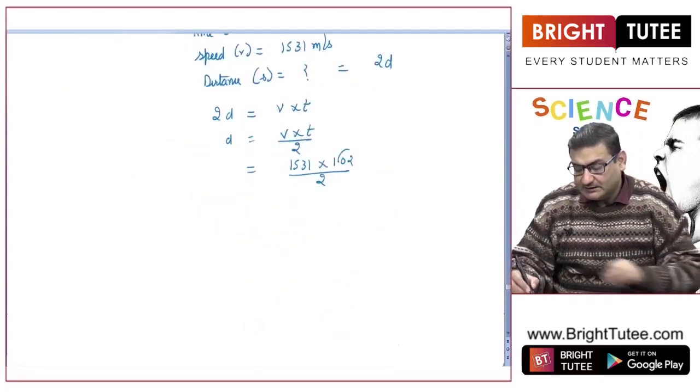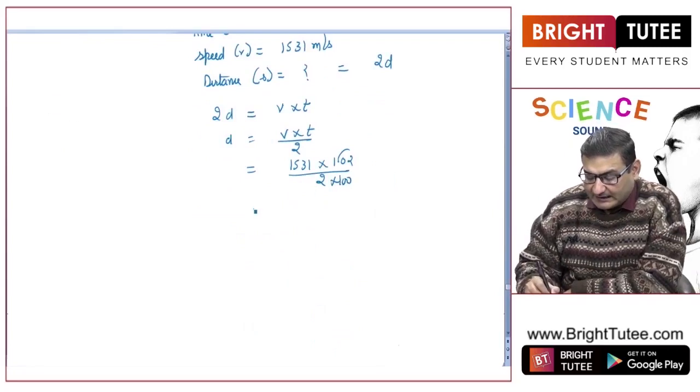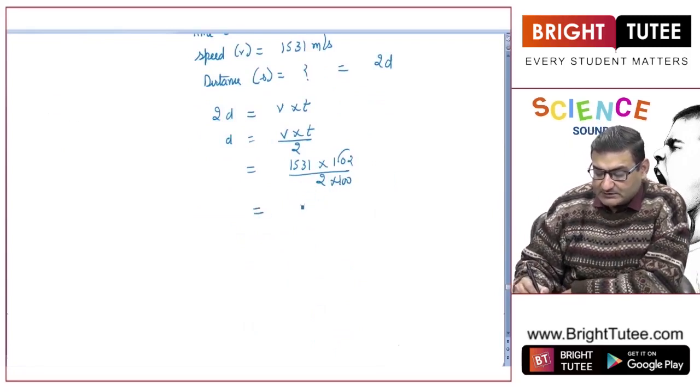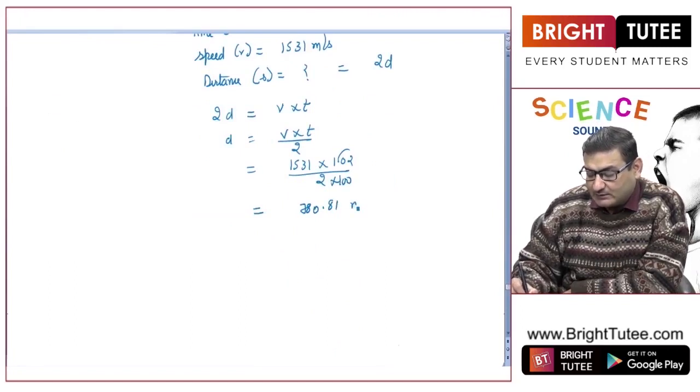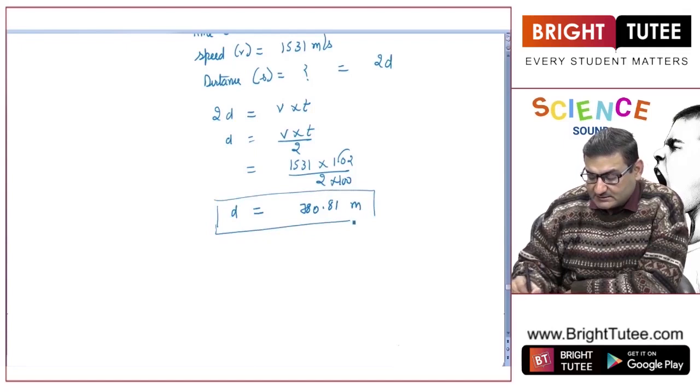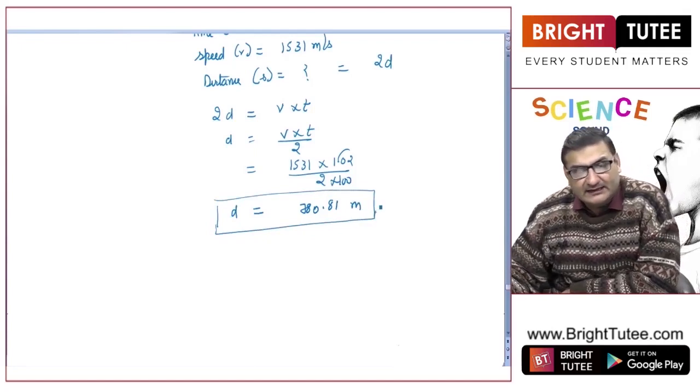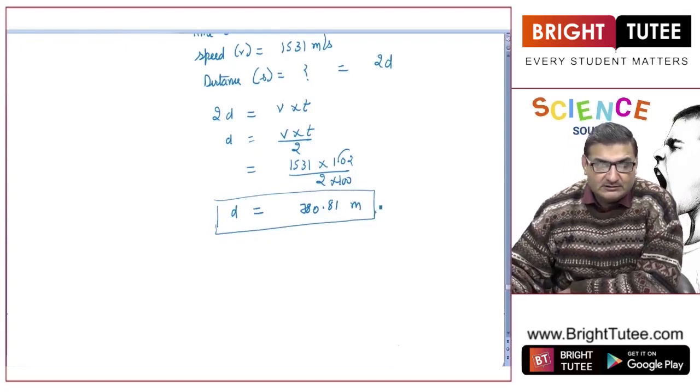After calculation, it will come out to be 780.81 meter. So this is the distance of the cliff. So this is how we calculate the distance of the seabed or anything in sea using the sonar.